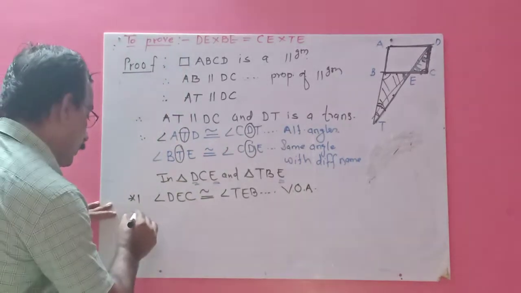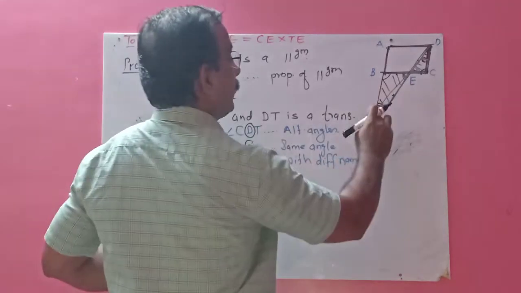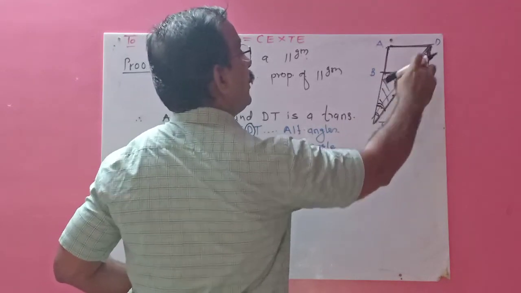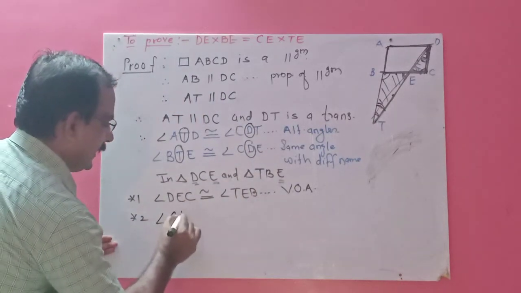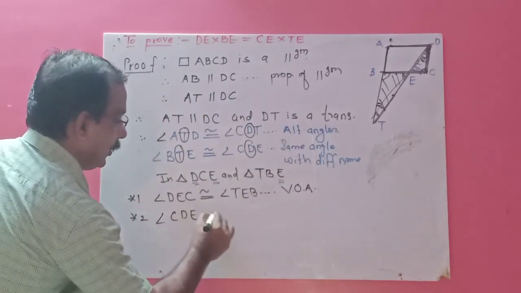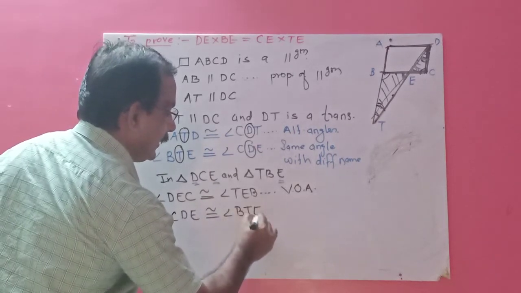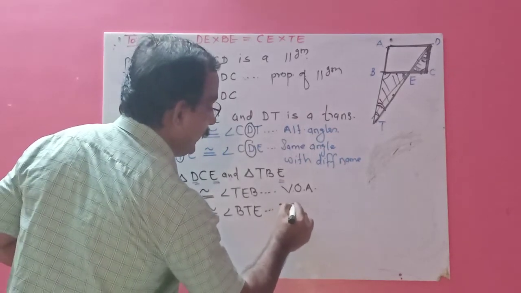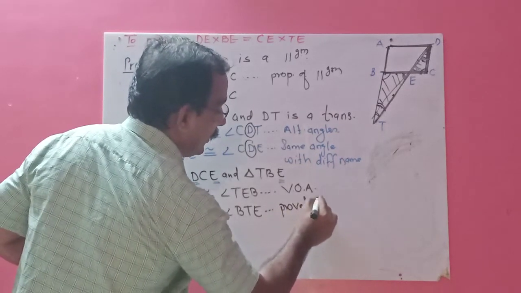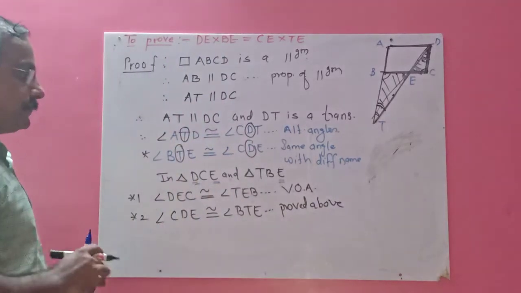Point number 2, here already you have written BT, this angle is equal to this. So angle CDE congruent angle BTE, from proved above. Right, here, proved above. Already you have proved. See here you have proved.